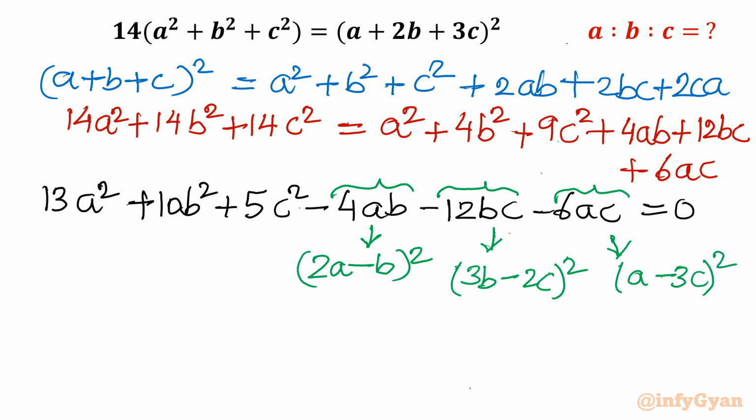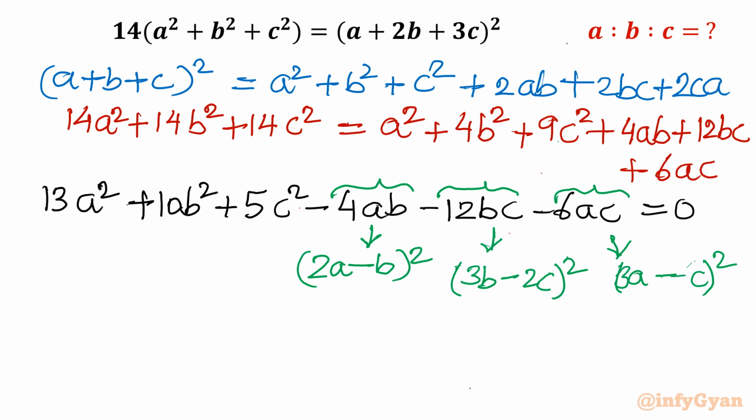Just check how it is because of 3c, a minus 3c or 3a minus c. It should be 3a minus c because a square term is, you can see, greater. So I will write here 3a minus c only.